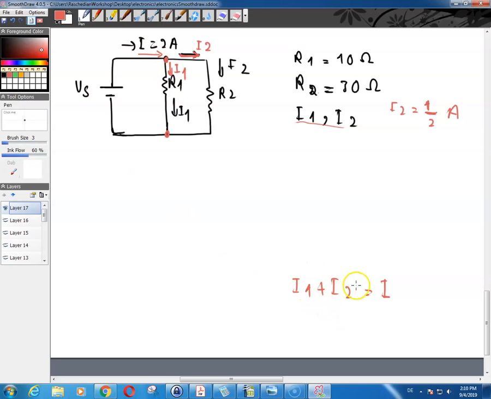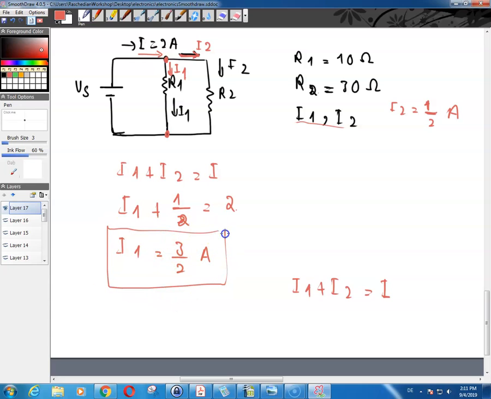We said that I1 plus I2 is equal to I. I1 is unknown, I2 is 1/2, and I is 2 amps. Since this is 2 amps and this is 1/2 amps, you will have 1.5 amps over here. So I1 is equal to 3/2 amps, or 1.5 amps.